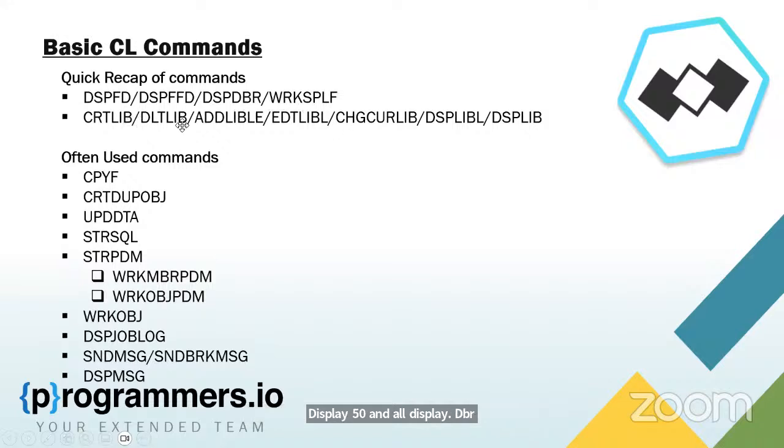I'll give you a quick recap of those. And there are other commands which are often used in IBM i, which will again be helpful for you. So we'll go through all of these.